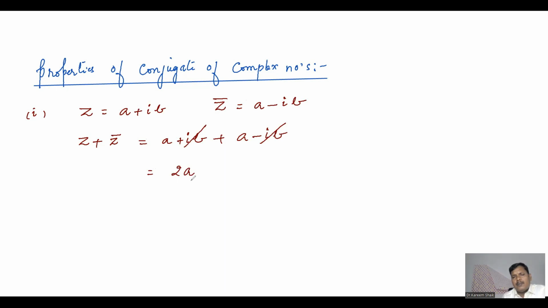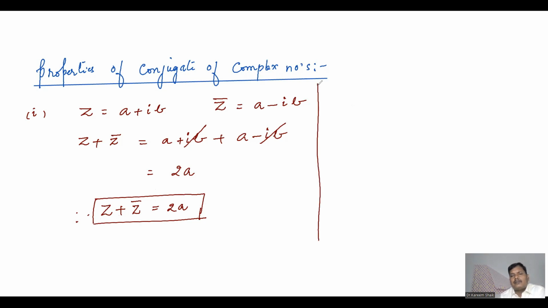A is what? Real part. So z plus z bar gives only 2a. That means the sum of a complex number and its conjugate will always give a real number.